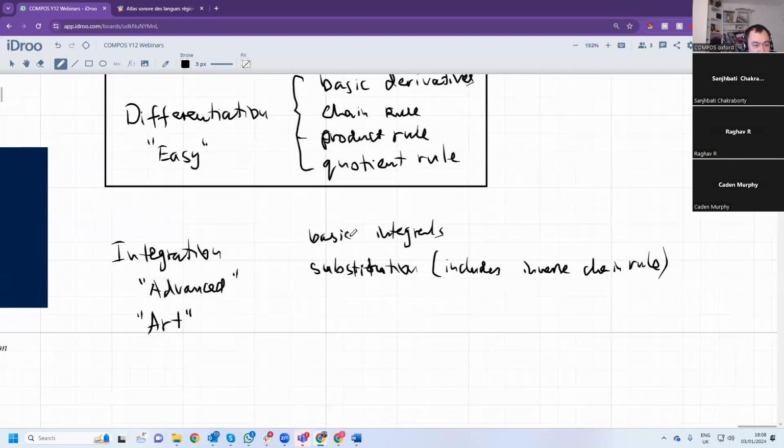Then you have integration by parts. And well, there are many more methods. But there are many different methods of how you can integrate.